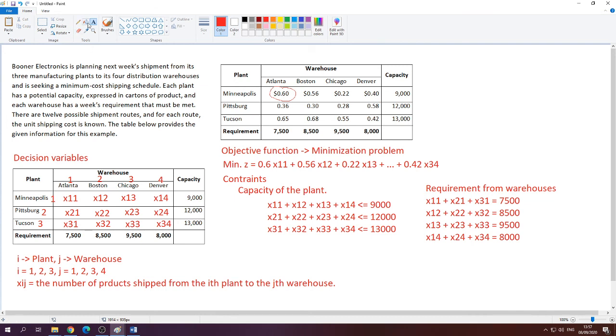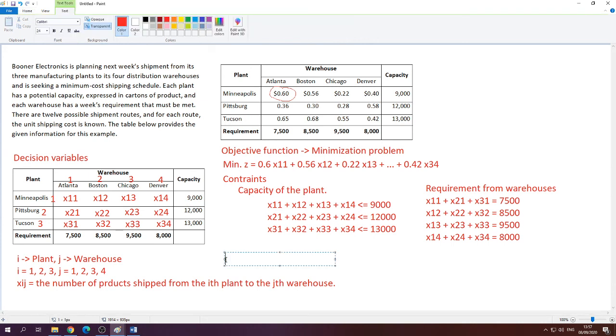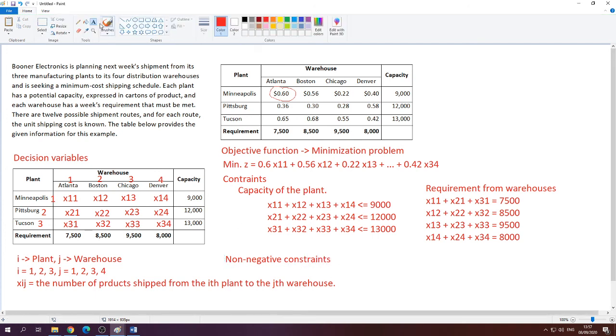Now the last constraint that we're going to have is the non-negative constraint, because we cannot have -1 product, -2 products, -3 products, -0.5 products.